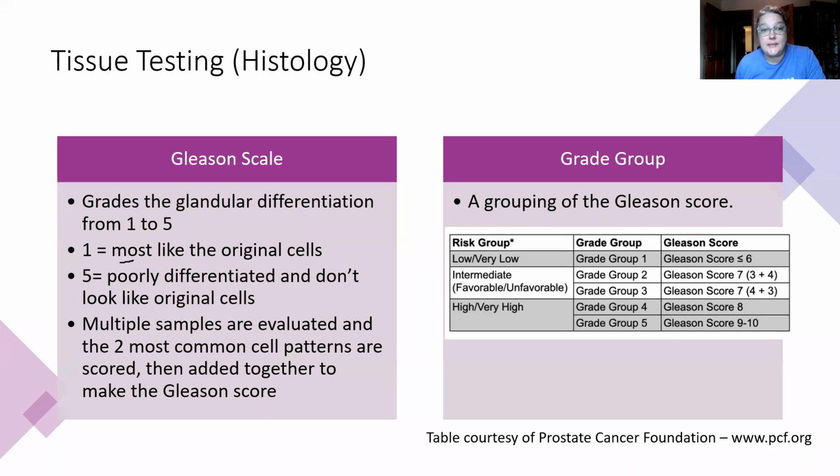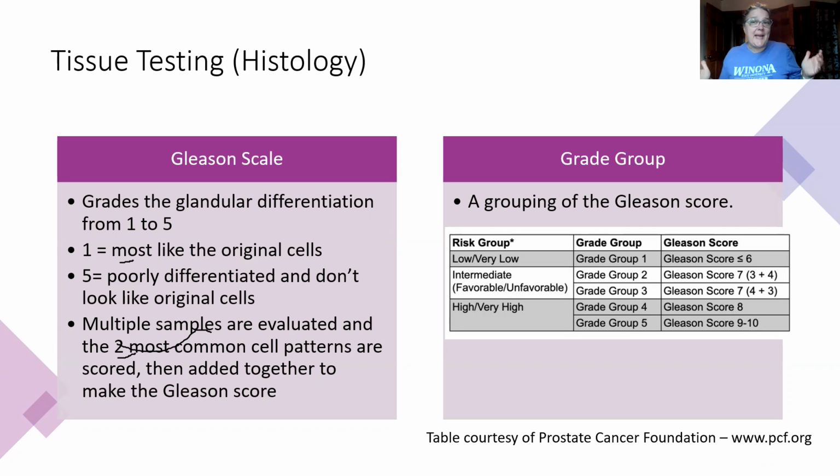When people are being evaluated for prostate cancer, they will do multiple slides and look at them under the microscope. Multiple samples, multiple slides are evaluated. Then they take a look at the 2 most common cell patterns. Those are added together, and that's how they get the score.